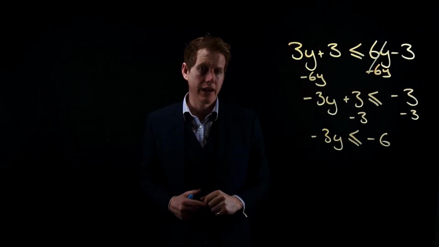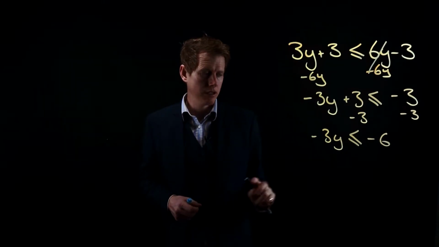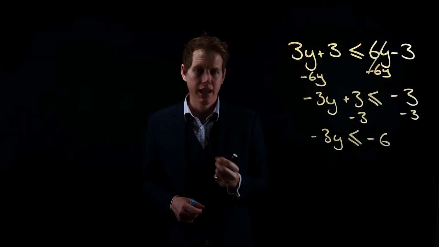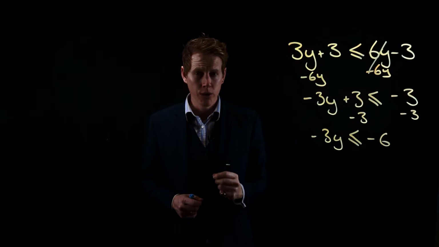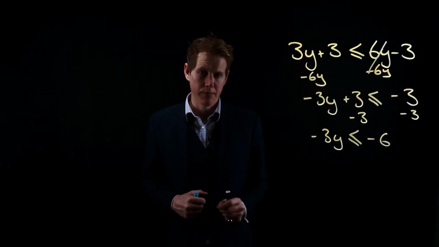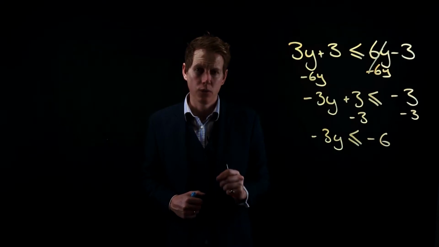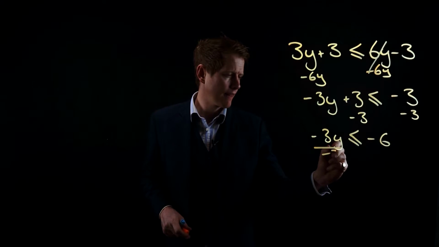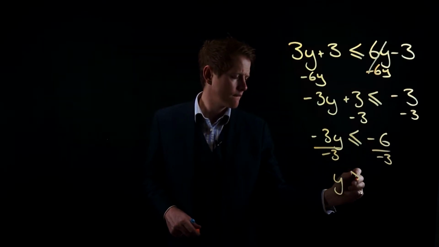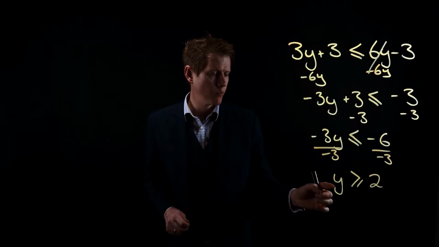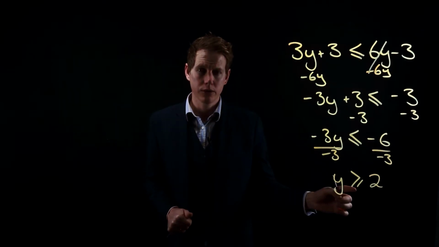In order for me to get y by itself, I'm going to need to divide both sides of this inequality by negative 3. When we divide by a negative number, we need to remember to flip the inequality around. That's very important. So my final solution is y is greater than or equal to 2.